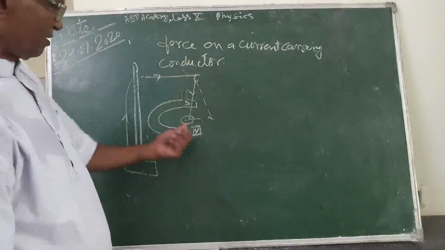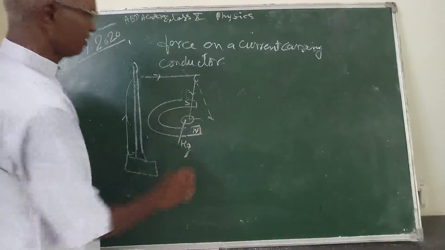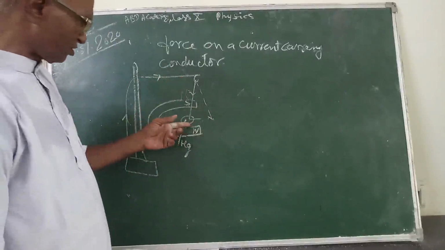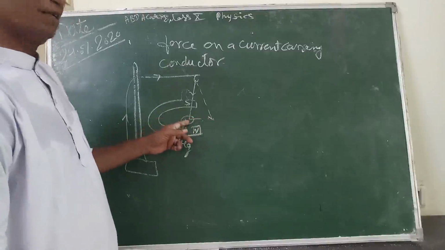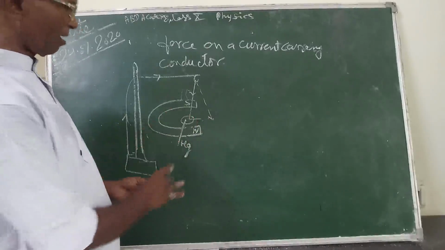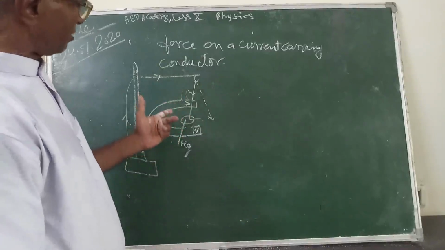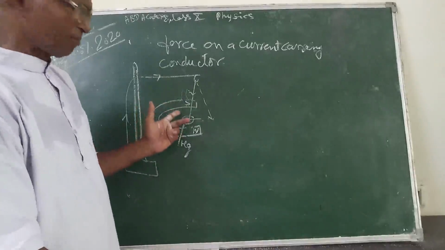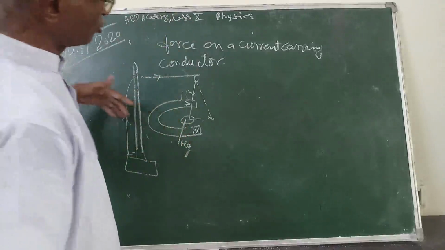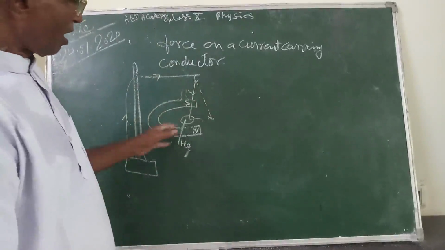Then again the connection here is mercury. In mercury, the connection breaks, as a result current ceases and it returns. When it comes back here in the mercury cup, again the same Fleming's left hand rule can be applied, because magnetic field is here, current is here, so a force is experienced which produces motion outward.